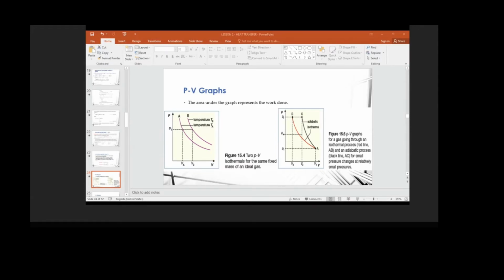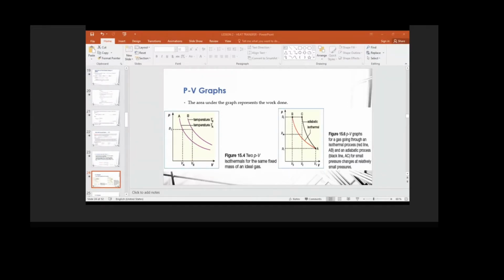So the temperature does not change, but the volume increases and the pressure decreases. So if in your examination you see a curve that looks like this, and it asks what process is taking place, then it's an isothermal process. Iso means same, thermal means temperature. So it's the same temperature that the particles will have when the volume is increasing and the pressure is reducing.